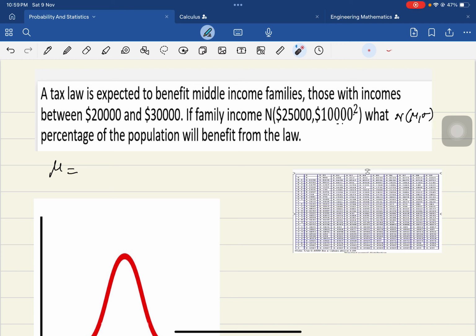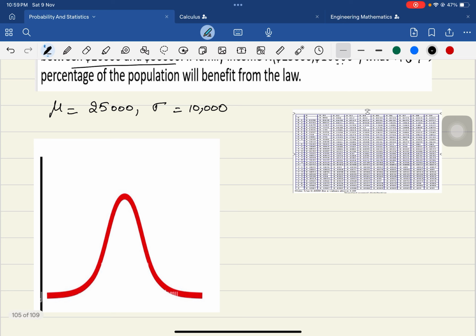Okay, the percentage of the population that will benefit from the law is what is given. So what is mu here? Given that it is 25,000, and sigma is 10,000. So we need to find out the incomes between 20 and 30,000. So what is x here?